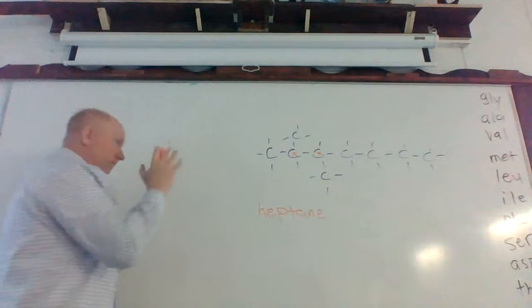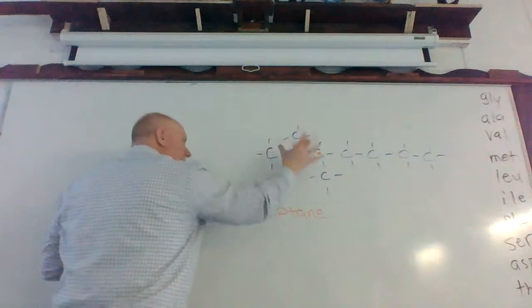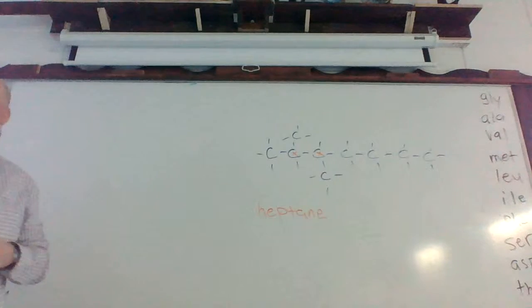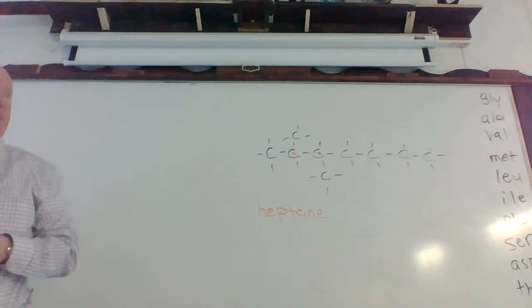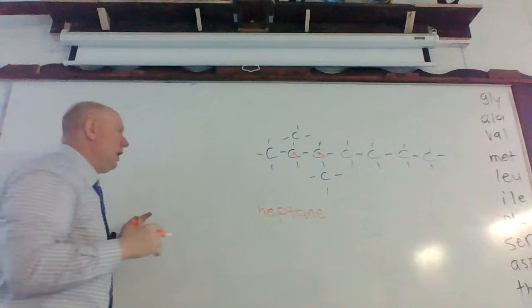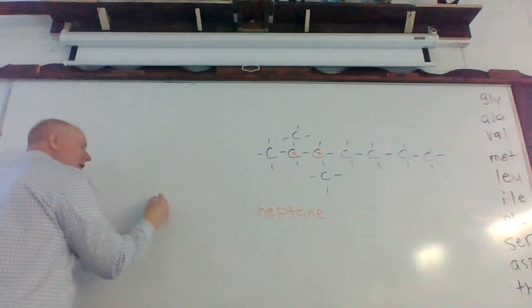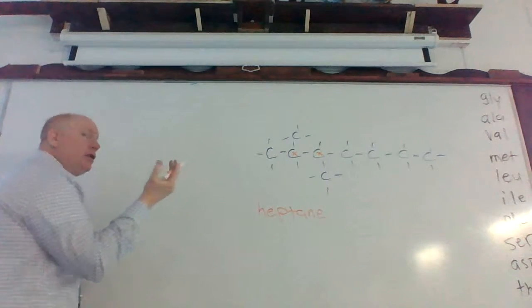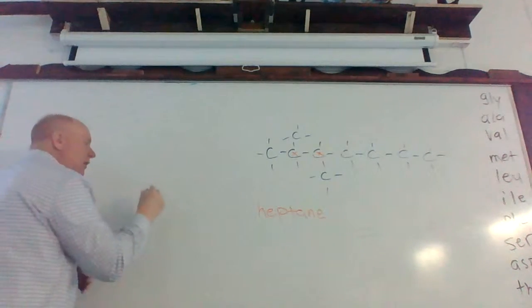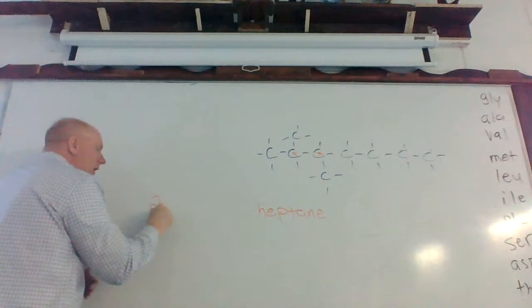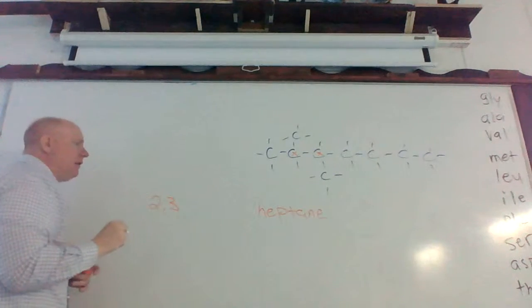So where are those 2 X's located? 2 and 3. So what that means is we need to illustrate where they are located. We've got 2, 3.